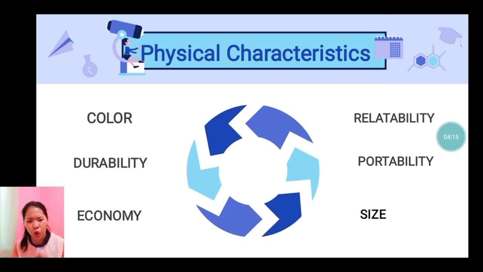The next is color. Most students are attracted to bright colors. For example, in a food chain, we see the food chain in the color red. So in a food chain, they identify it as a food chain because those food chains use a particular color.